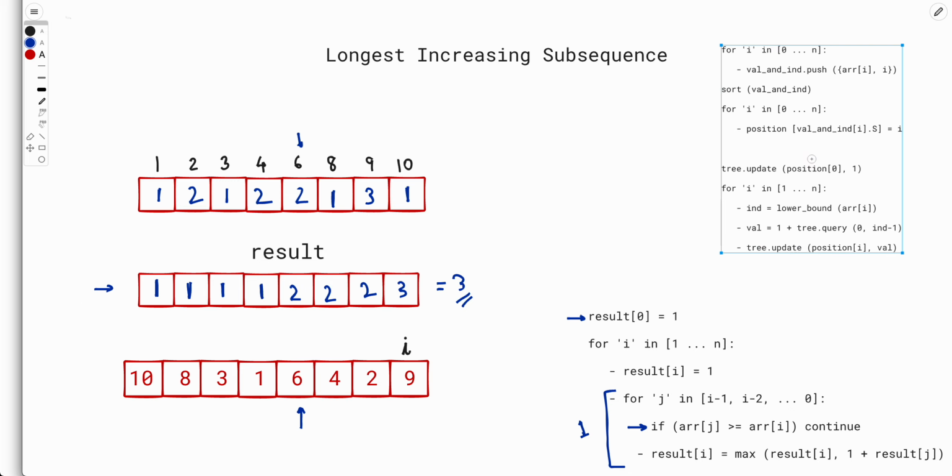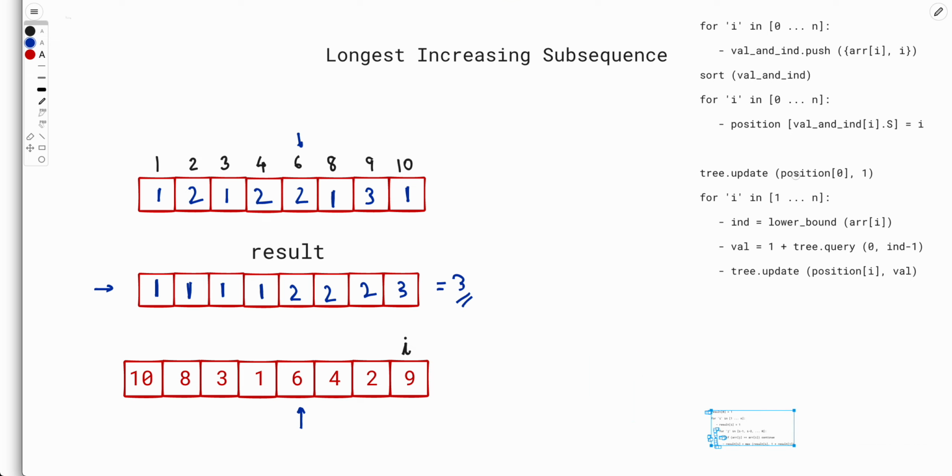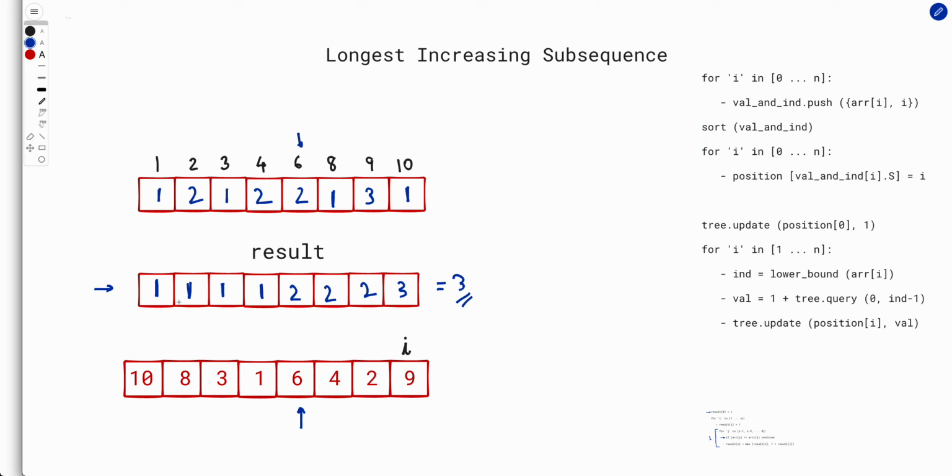The pseudocode is exactly similar to the one that was there for the previous code for this problem. So what we are doing, we are maintaining these mappings first. Basically, which index of this sorted array does the index I map to.